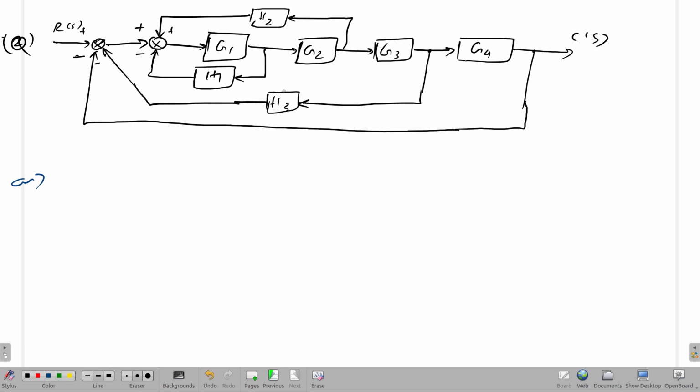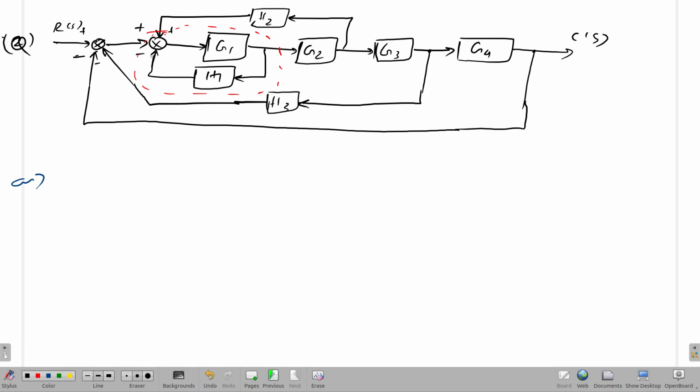What is here is also very similar to the last problem, because you don't have any complicated shifting of points. All you have to do is split these things into whatever you need. Right away you can identify certain blocks: you have a feedback here, then that will get cascaded with this G2, and that whole thing will be fed back with H2.